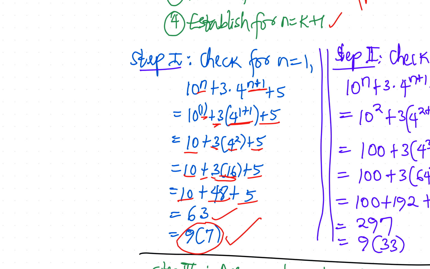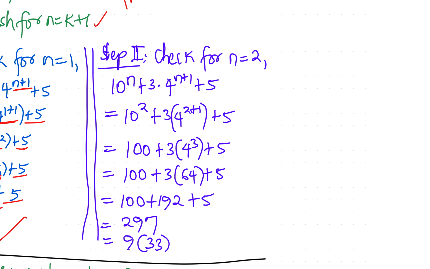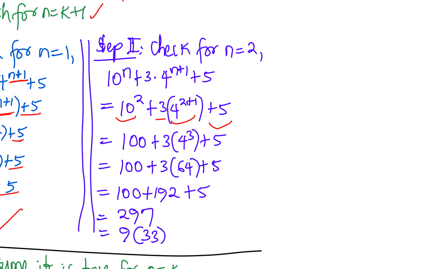The next thing is to go for step 2. Check the same thing for n equals 2. So now you have 10 raised to the power 2 plus 3 into 4 raised to the power 2 plus 1, plus 5. 10 raised to the power 2 is 100, of course, and you have 3 here. Then this is 4 raised to the power 3, plus 5. 4 raised to the power 3 is 64: 4 times 4 is 16, times 4 is 64. So it evaluates to 100 plus 3 times 64, which is 192, plus 5. 100 plus 192 is 292, plus 5 is 297.